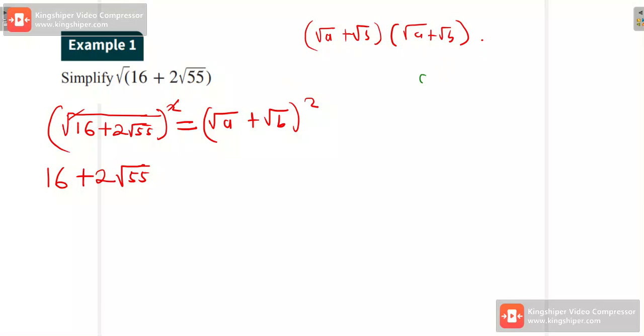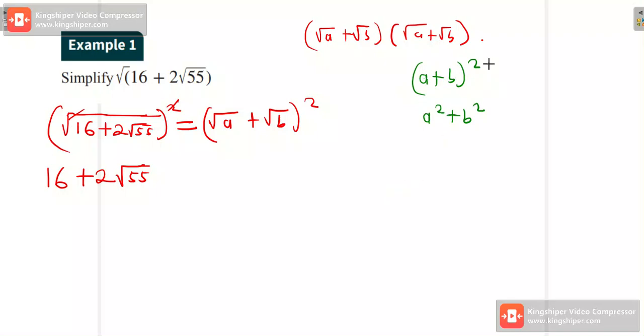If you have, let's say, A plus B all squared, and I want to expand, instead of using the normal expansion method, the shortcut is that square each of the terms. So I'm going to have A squared, and I'll also have plus B squared.